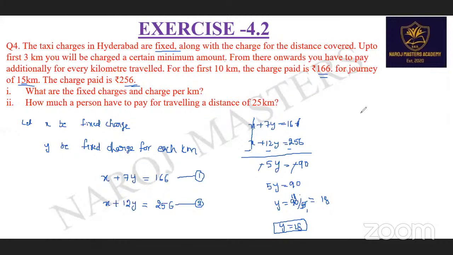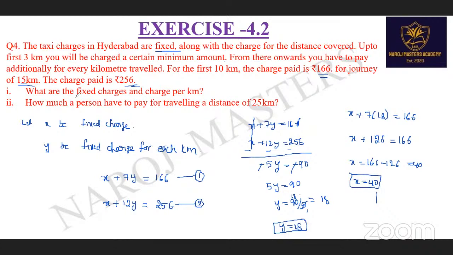So x plus 7 into y, which is 18, is equal to 166. 7 18s are 126, so x plus 126 is equal to 166. So x is equal to 166 minus 126, that is equal to 40. So what is x here? x is the fixed charge for the first 3 kilometers. So x is equal to 40 rupees.